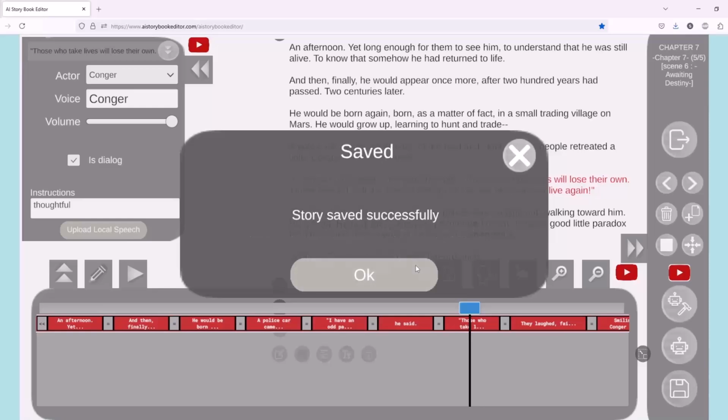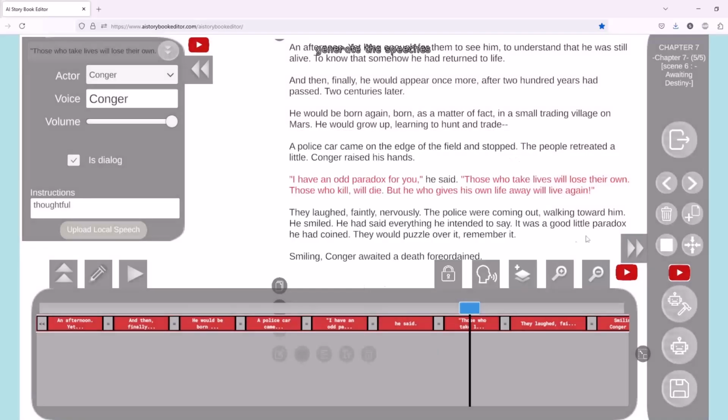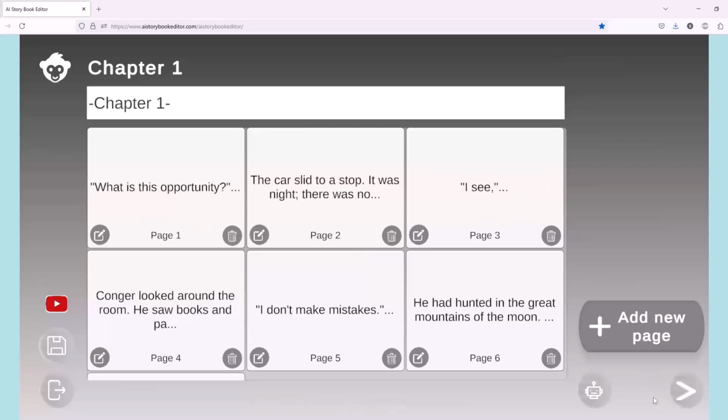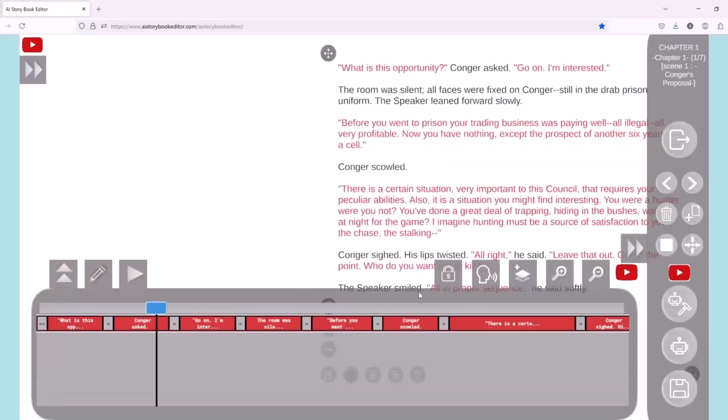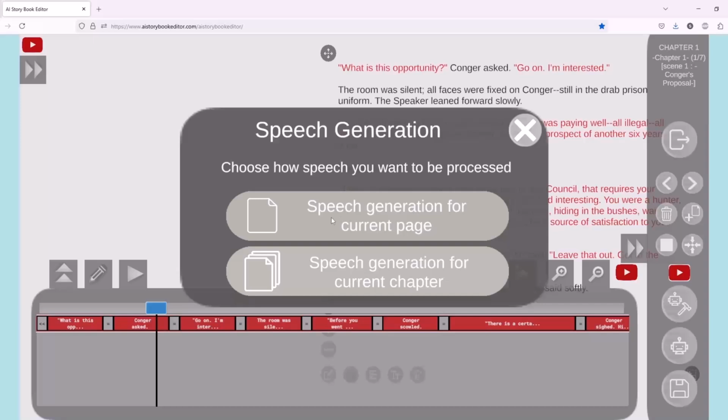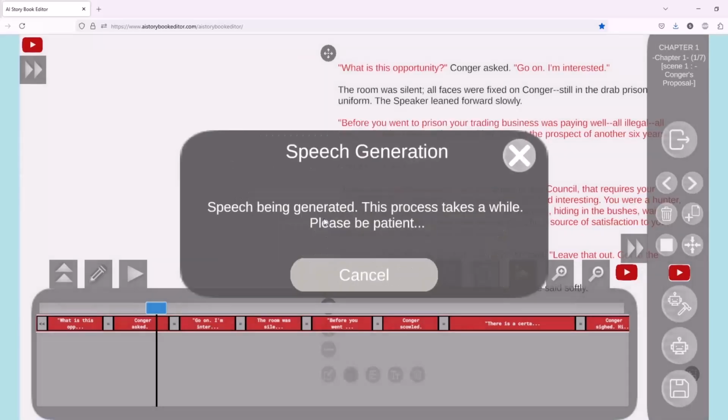So we can start generating the speeches. We will start with the first chapter. We will do the first page first, just to verify everything is in order. The only thing we need to do is press this button and generate the speech for this page.